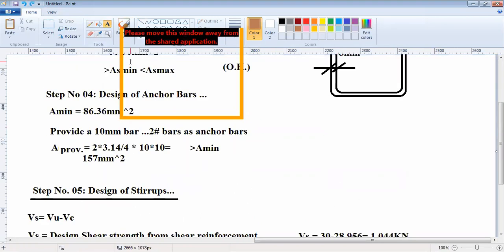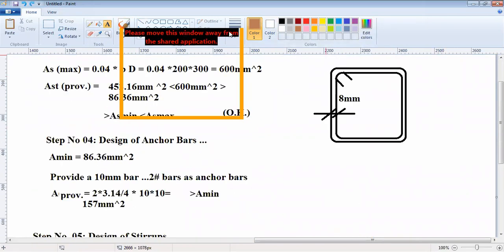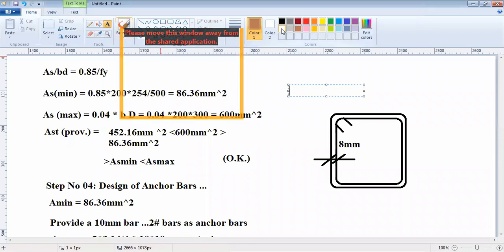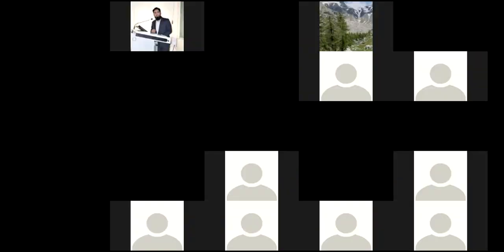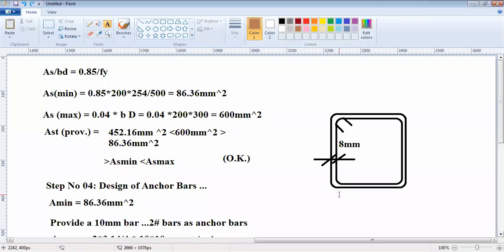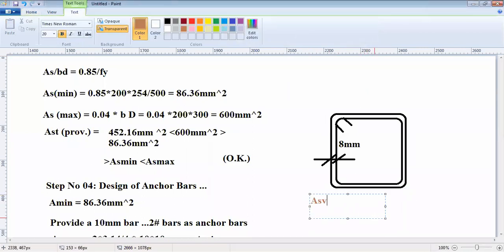So what will ASV be then? The area of two legs: 3.14 divided by 4 into 8 into 8 into 2 legs.